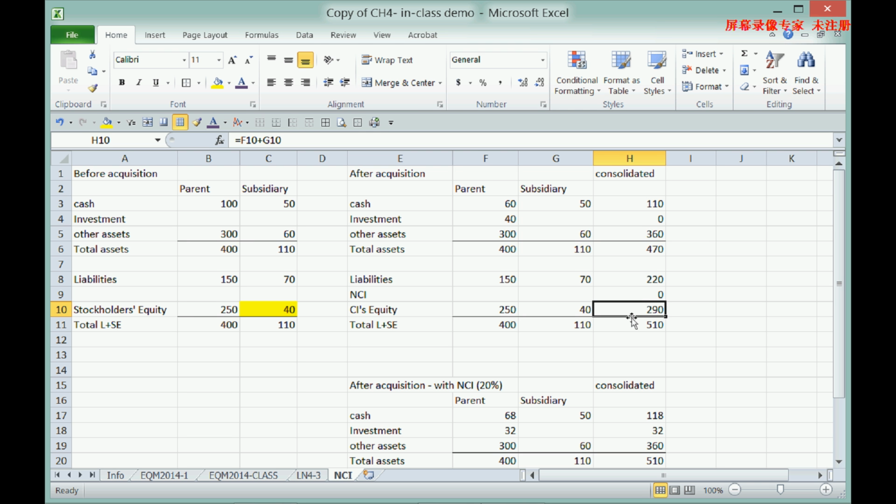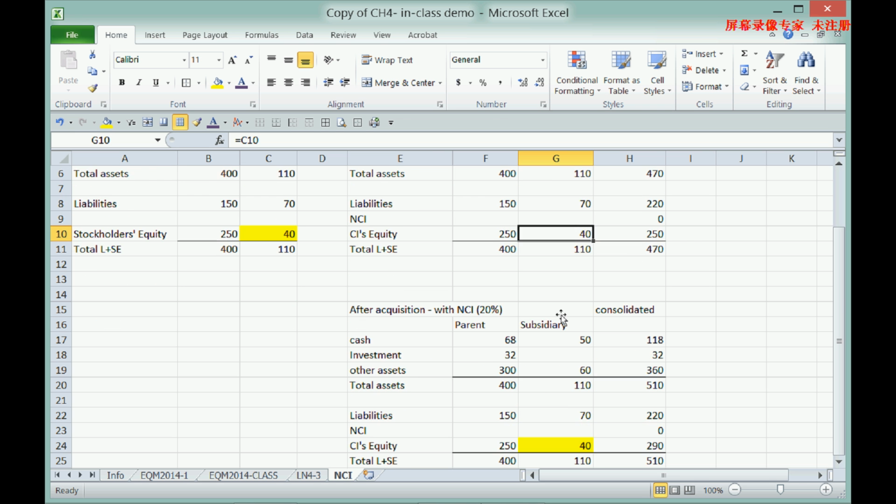That's the idea. So this number should equal only the parent's number. You can see now they are the same. Again, it is because we cancel out the investment account of the parent with the subsidiary's net assets.